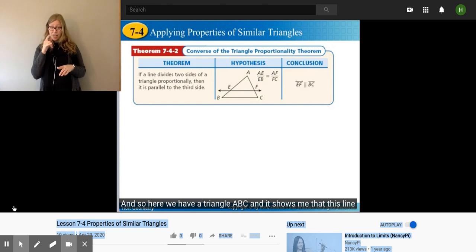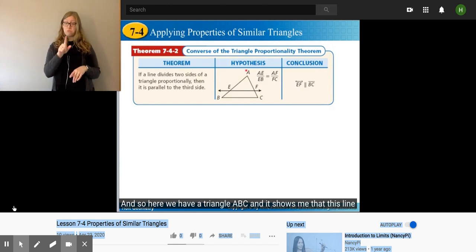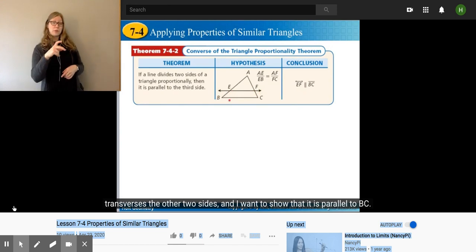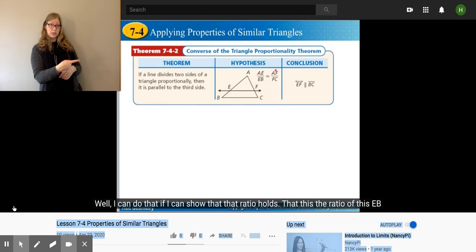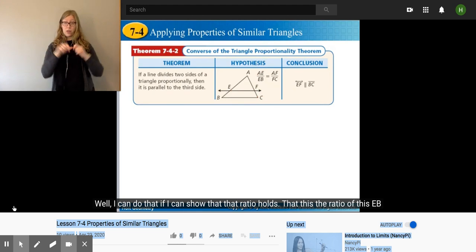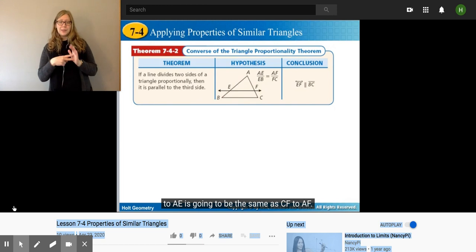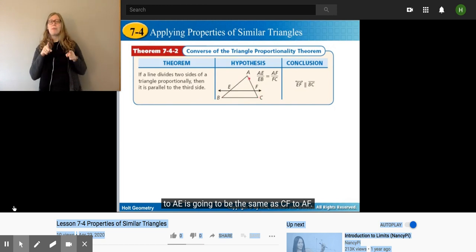And so here we have a triangle ABC, and it shows me that this line transverses the other two sides, and I want to show that it is parallel to BC. Well, I can do that if I can show that that ratio holds, that the ratio of EB to AE is going to be the same as CF to AF.